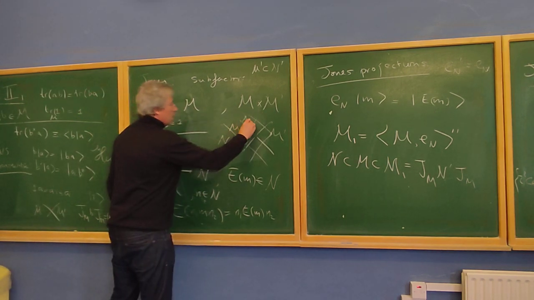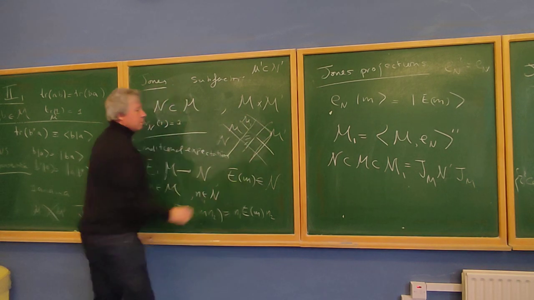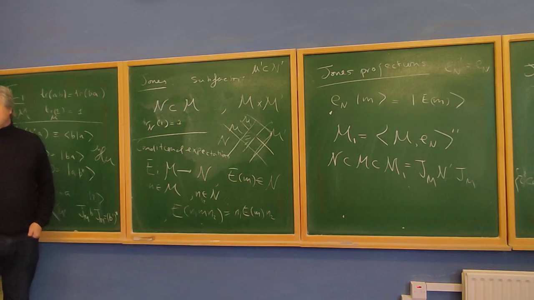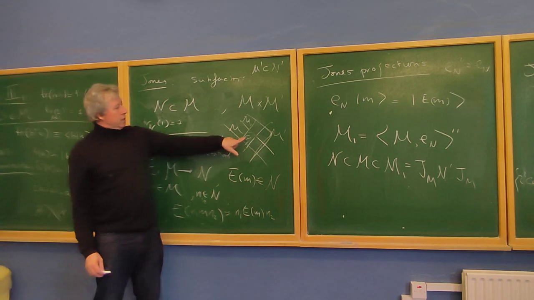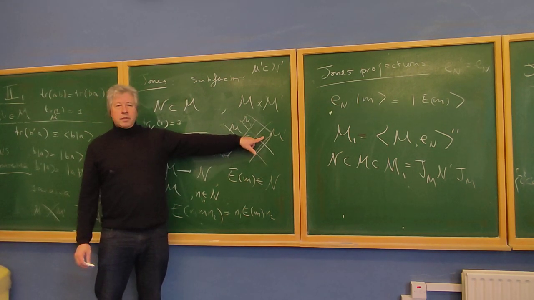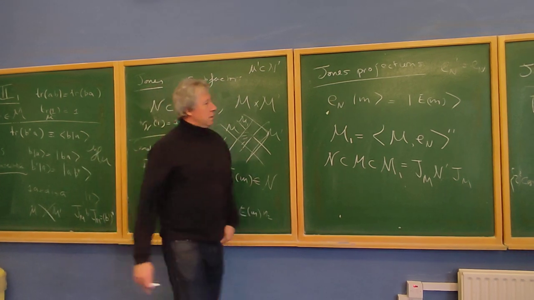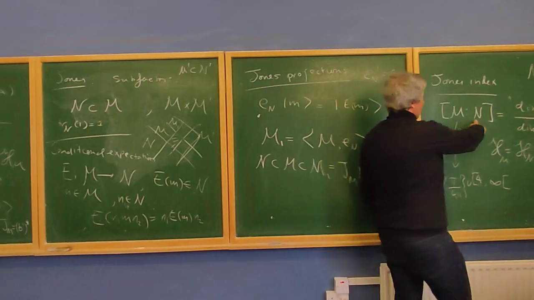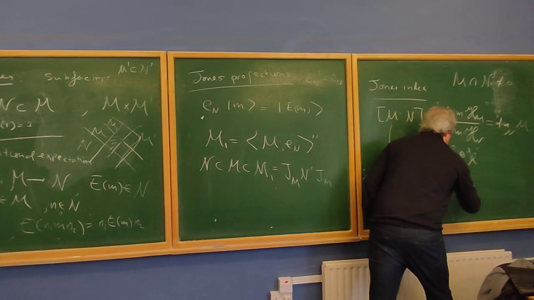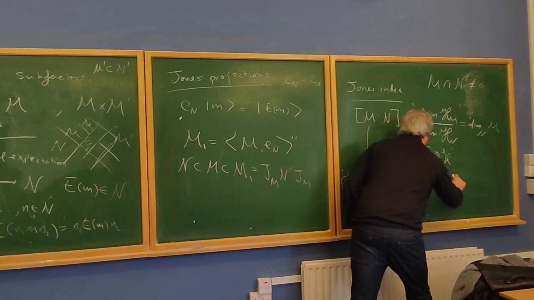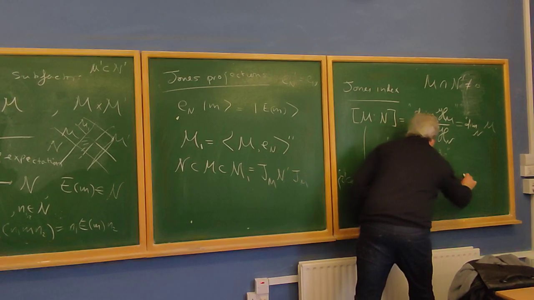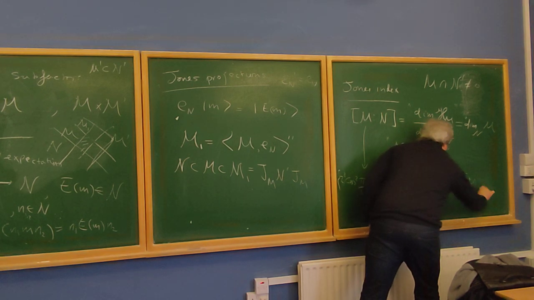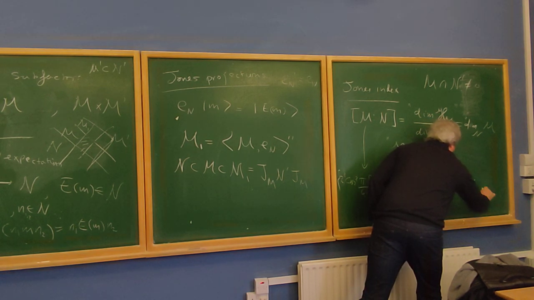So M1 is sitting here and it's actually this algebra. You see a little bit already in the picture that the size of this thing and that thing will be the same. So there is indeed a theorem that the index that I get here will also be the index of M1 with M.